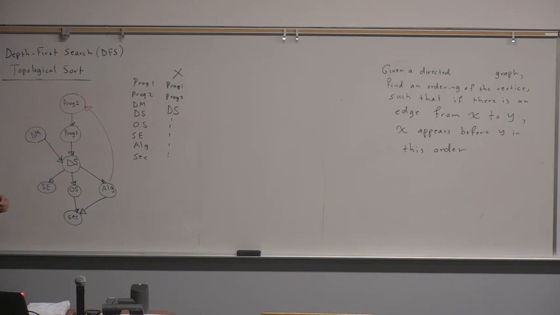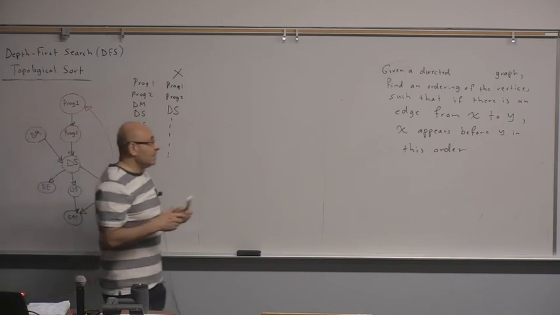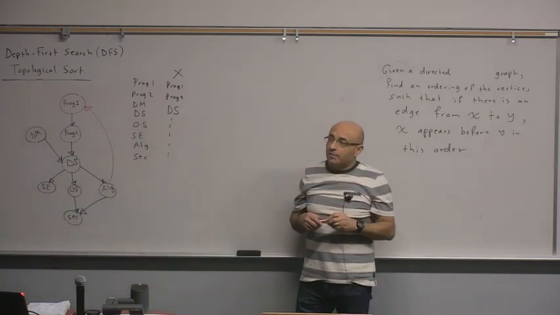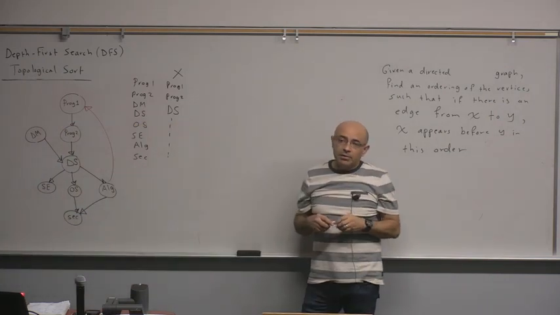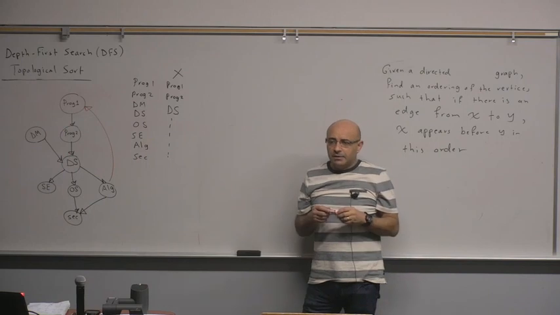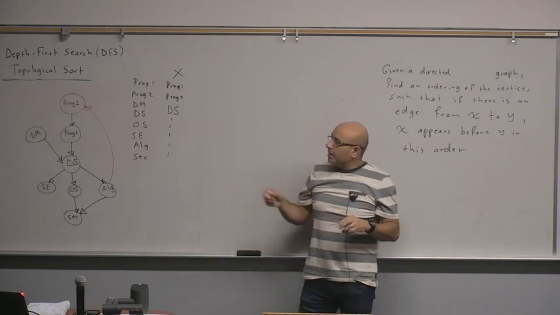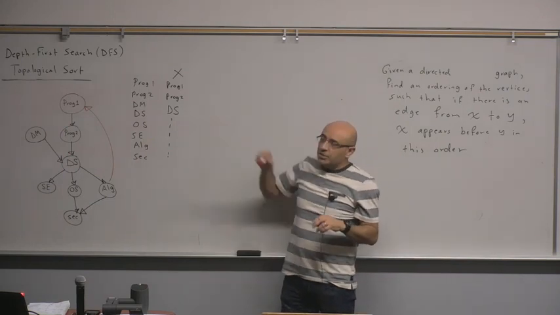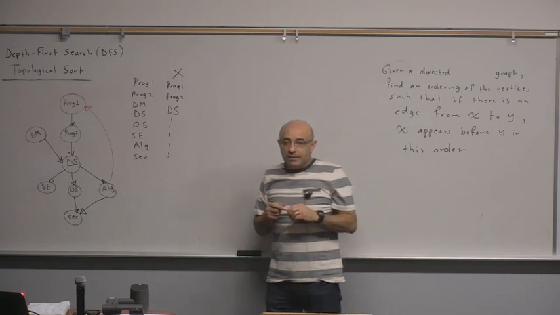When you have circular dependencies, these will be impossible to satisfy, and the problem is not solvable, or the problem is not defined. It doesn't make sense to define the topological sorting problem on a cyclic graph.